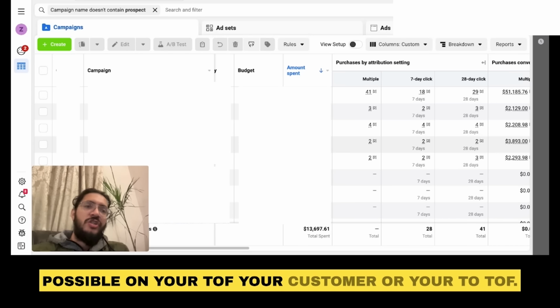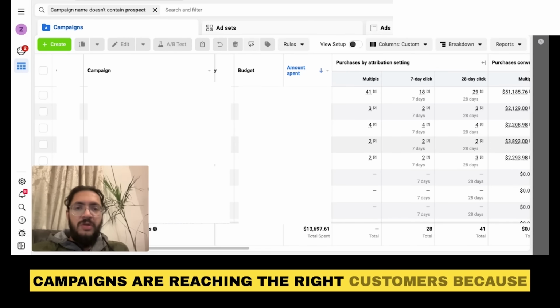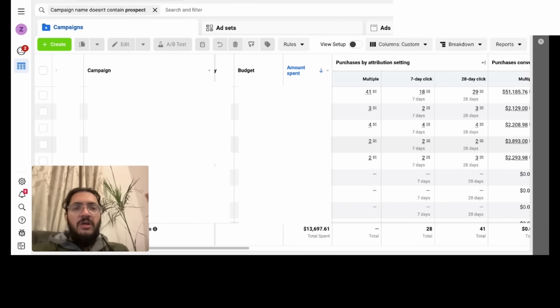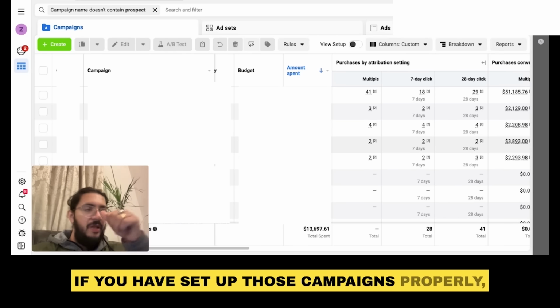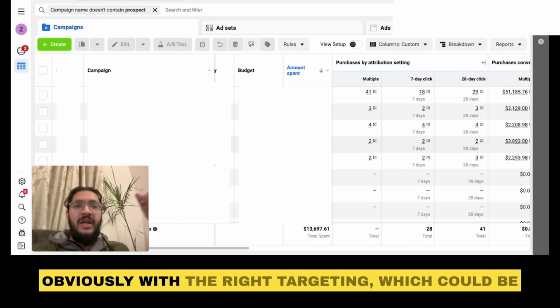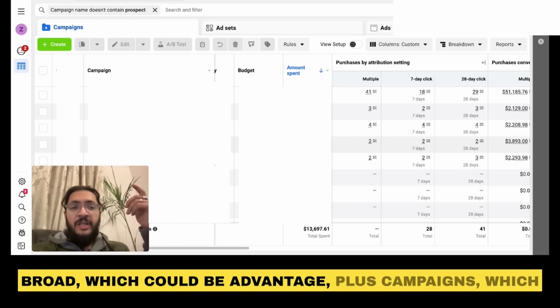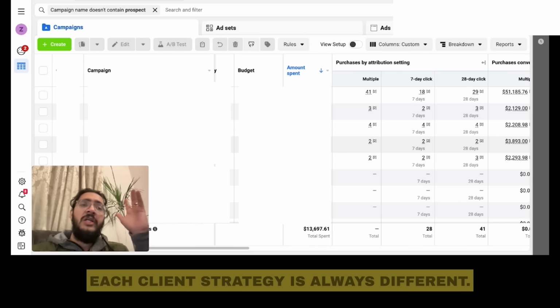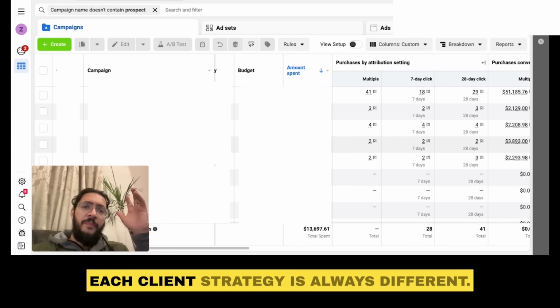Your TOF campaigns are reaching the right customers because Facebook, Insta, Meta, they're smart platforms. If you have set up those campaigns properly, obviously with the right targeting, which could be broad, which could be Advantage Plus campaigns, which could be specific lookalike campaigns, depending upon what works for you, right? Each client strategy is always different.